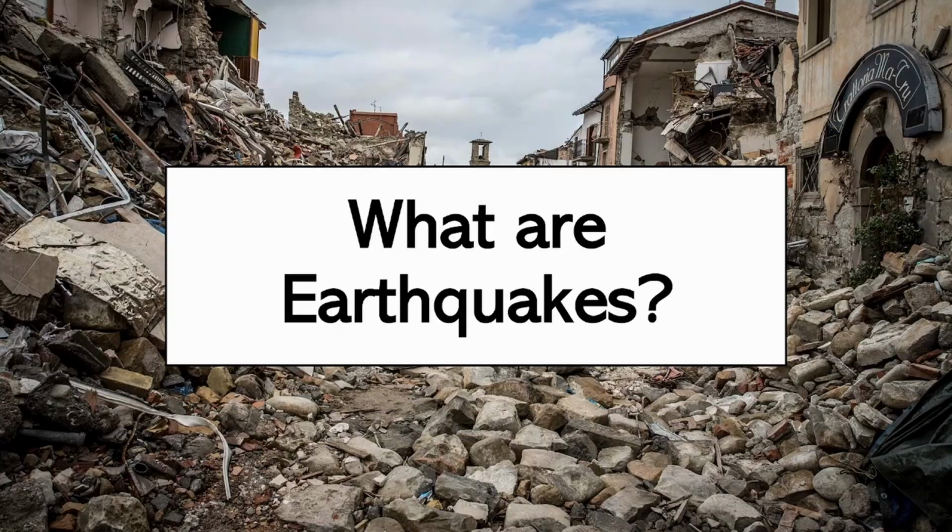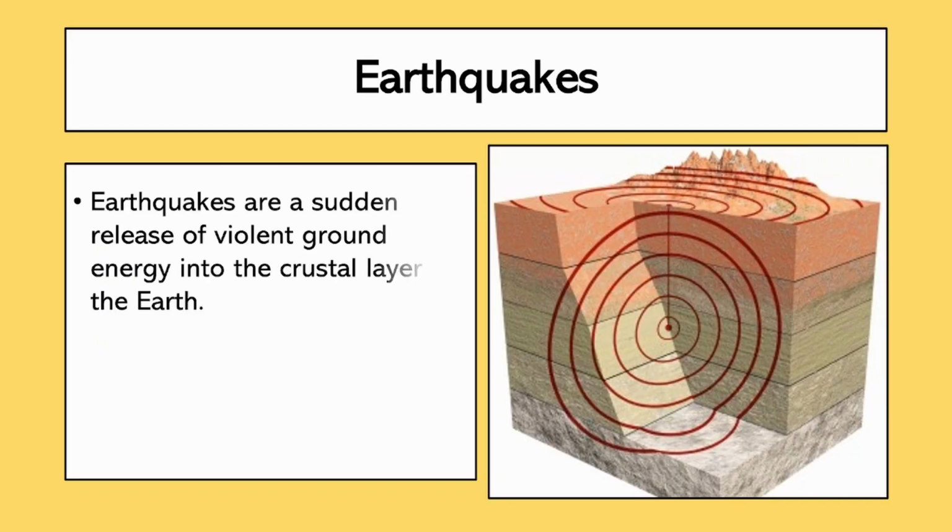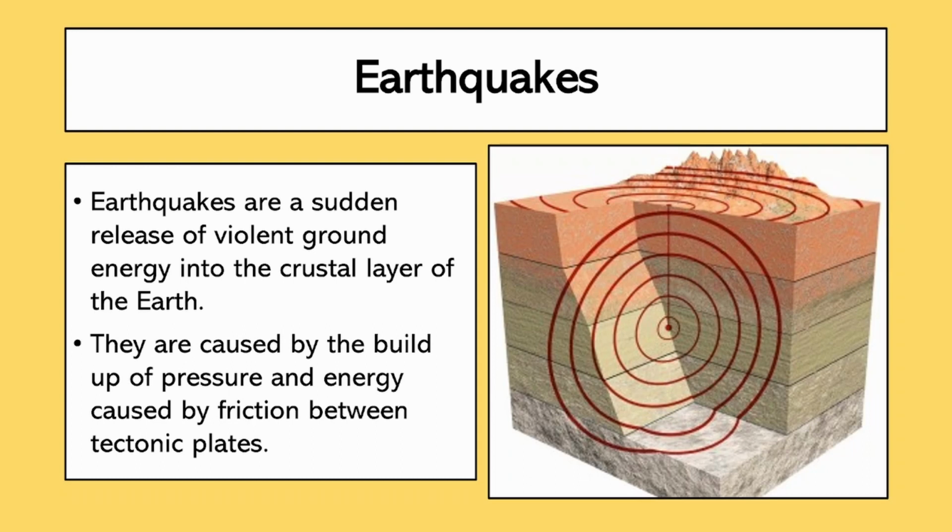So what are earthquakes? We've slightly touched on earthquakes in a couple of the other lessons, but as a bit of a summary, earthquakes are a sudden release of violent ground energy into the crustal layer of the Earth. Over time, pressure and energy build up as a result of friction caused by tectonic plates rubbing against each other or catching on each other.